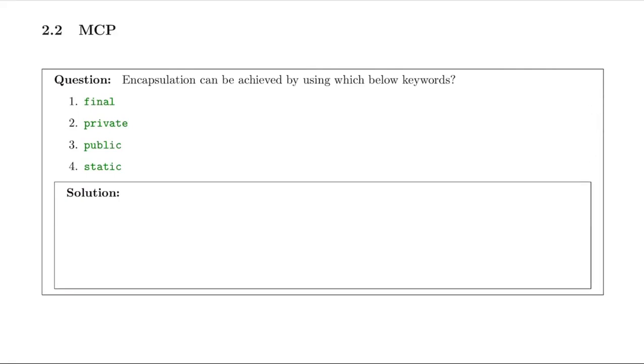All right, so 67% of you said B. The concept of encapsulation is that you encapsulate or protect something inside a class. So the private variable allows you to restrict access of a specific variable, right? The private variable is only accessible within the same class.